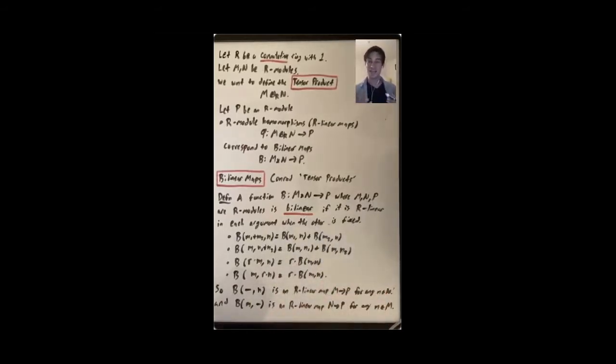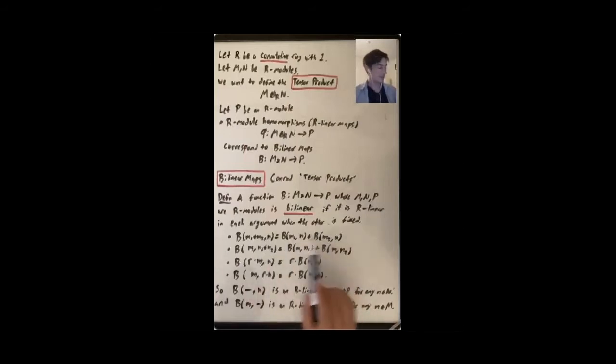So what does that mean concretely? B of (M1 plus M2, comma N) has to be B(M1, N) plus B(M2, N), where this addition over here is taking place in this R module P. Okay, so you're holding N fixed.